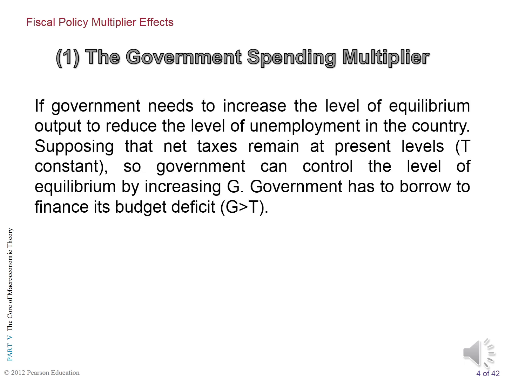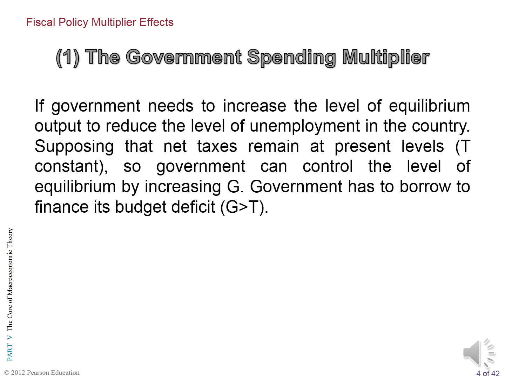If the government needs to increase the level of equilibrium output for any reason, maybe because the economy is in recession, or to reduce the level of unemployment in the economy, let's assume that net taxes remain constant. The government can control the equilibrium output or equilibrium income by increasing G. So the government has to borrow to finance its budget deficit.